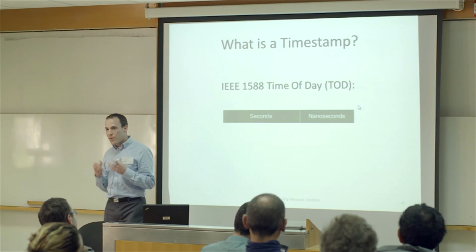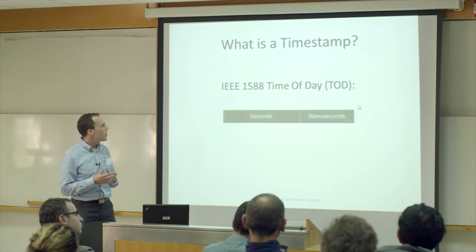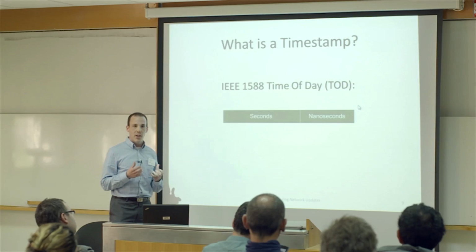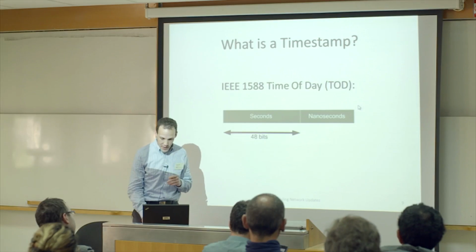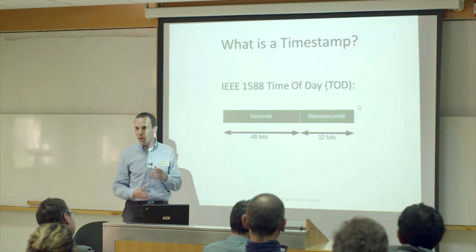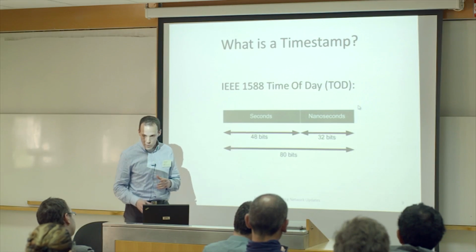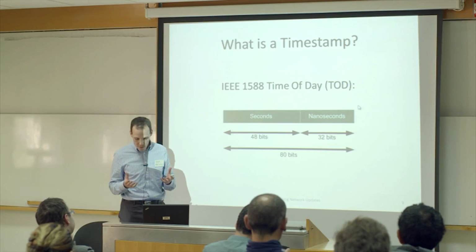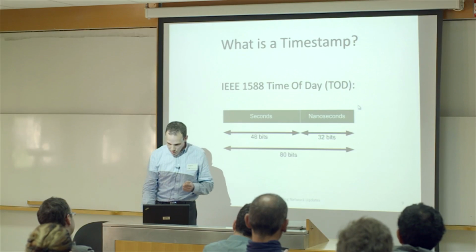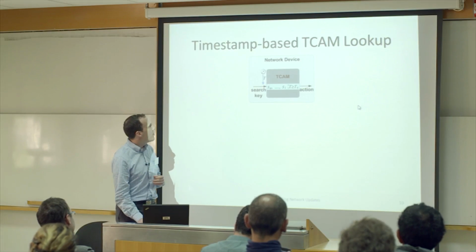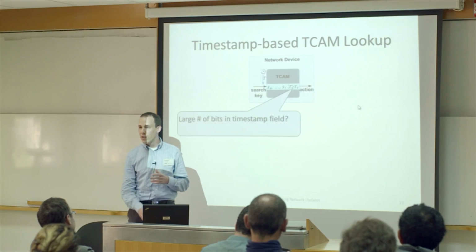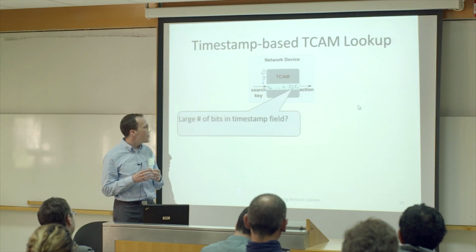So when we say timestamp, what do we mean? The IEEE 1588 standard defines time of day to be 48 bits of seconds and 32 bits of nanoseconds. And this sums up to 80 bits. Now that's a lot. So does that mean that now if we want to implement time flips, we need each and every TCAM entry to include a very large number of timestamp bits?